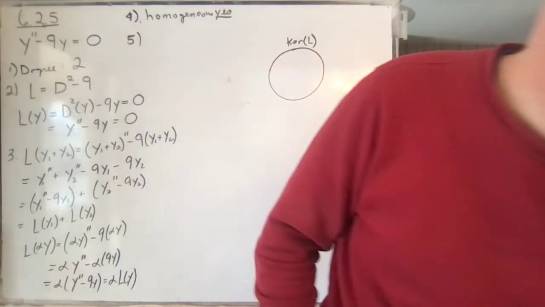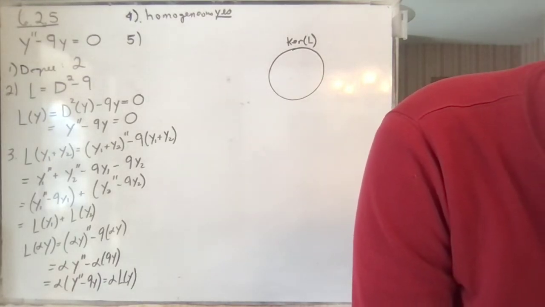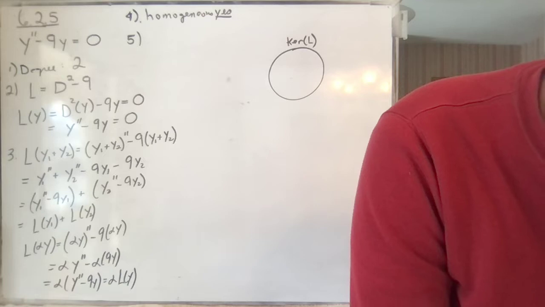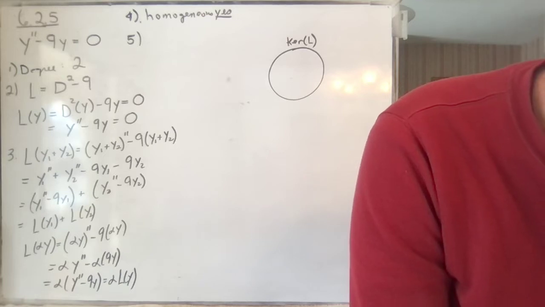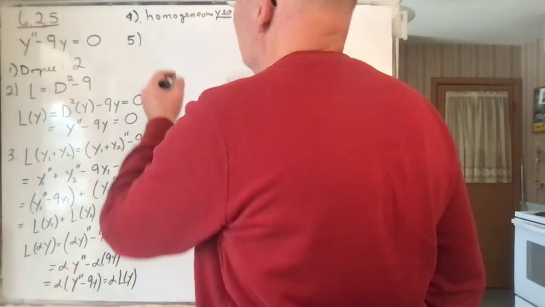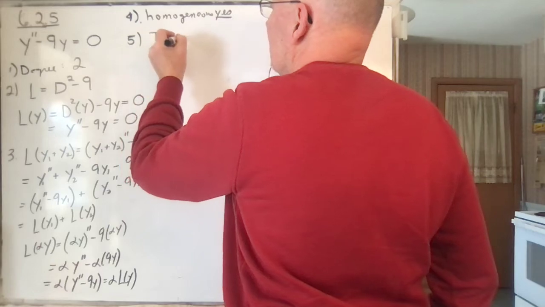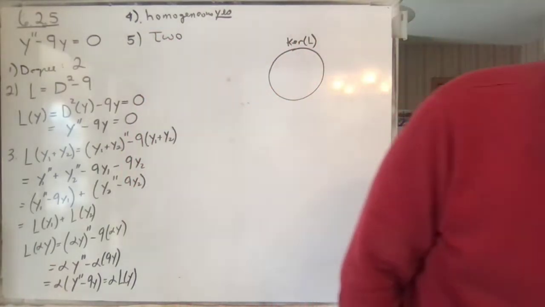And so we know from Theorem 6.2.1 that the dimension is equal to the degree, which is equal to 2. So the answer is 2. Okay?